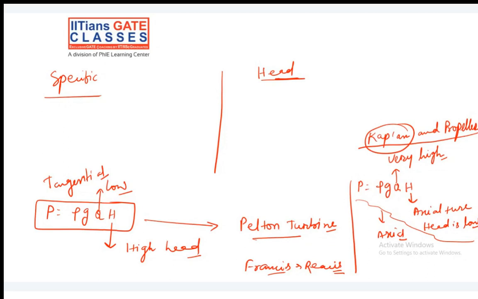So working head of Pelton turbine will be greater than or at least equal to 300 meters. So when you are working at 300 meters or above, then you are under the Pelton turbine.